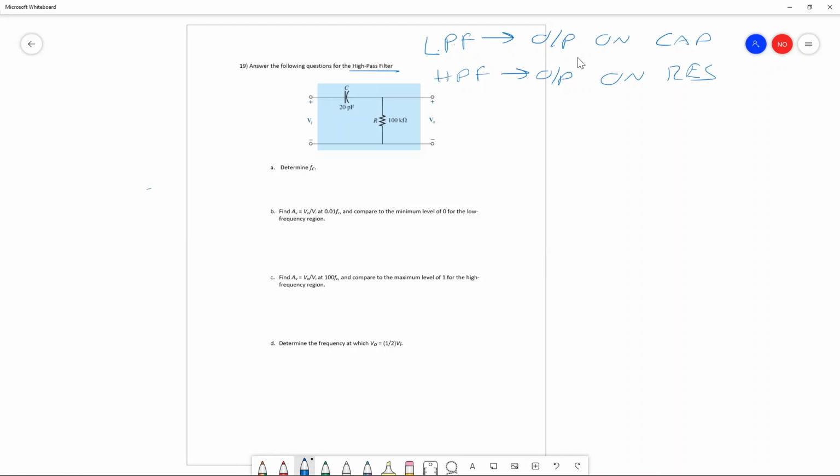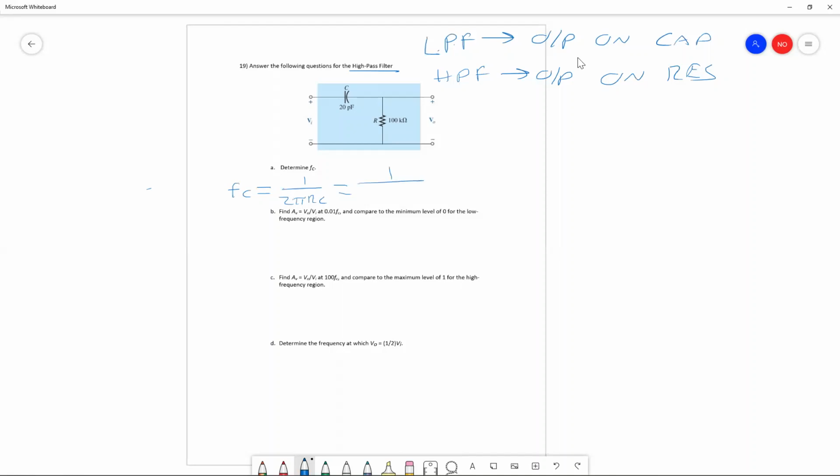So let's start with the first part, which is our cutoff frequency. The idea behind a high pass filter is that they only allow high frequencies, and how high the frequency is determined by the type of capacitor and resistor you use. So we look at the bottom of our AC equation sheet, and we see an equation that says FC is equal to 1 over 2 pi RC, and that is true for high pass filters and low pass filters.